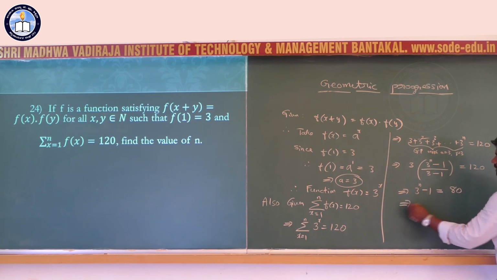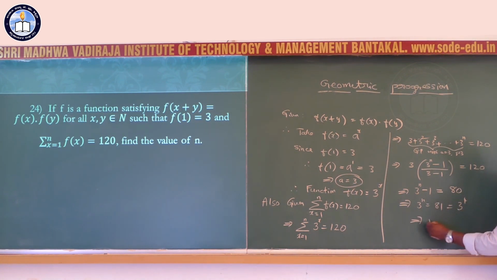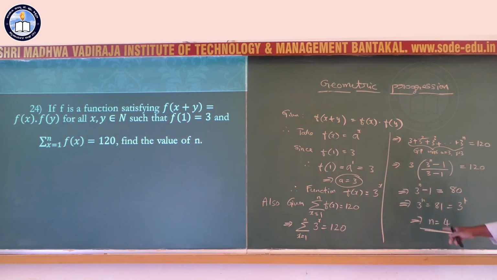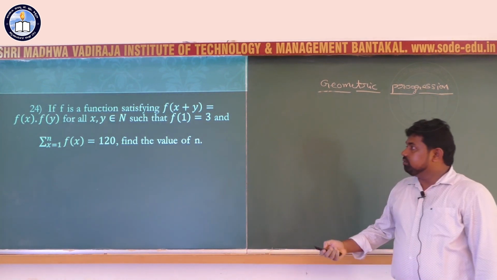It implies 3 power n equal to 81. 81 can be written as 3 power 4. It implies n equal to 4. Therefore, the value of n is 4. Next one.